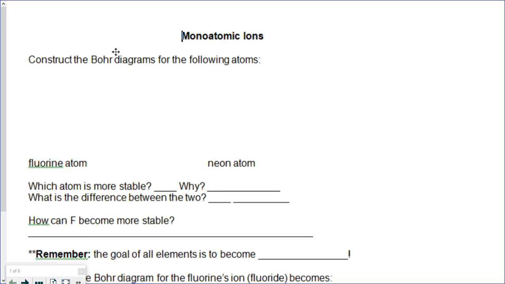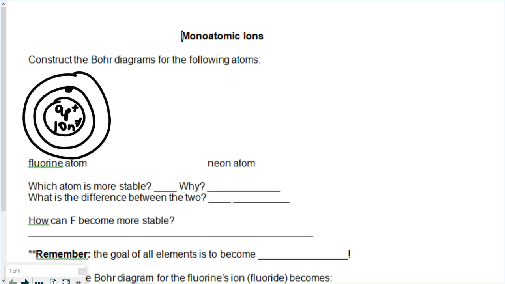So hopefully you paused it and gave that a try. So I'm going to quickly do it: 9 protons, 10 neutrons. Sorry, I have to write pretty small there. Representing our 7 electrons in the second shell. We've already represented 2 in the first, so in total we need to do 9.